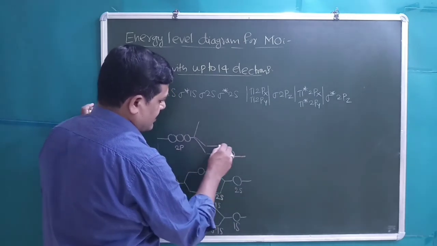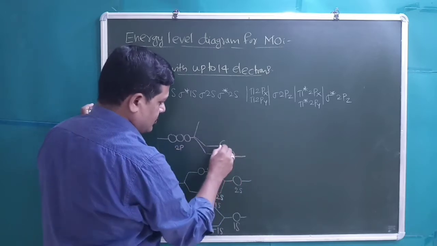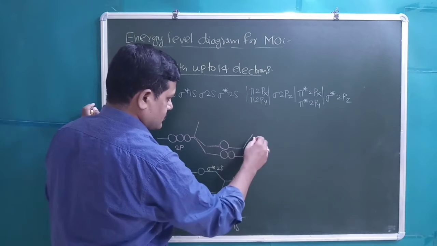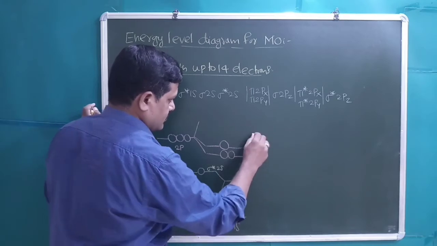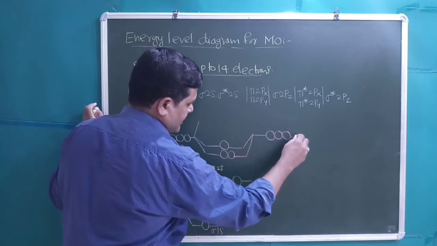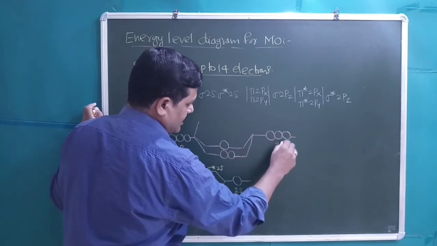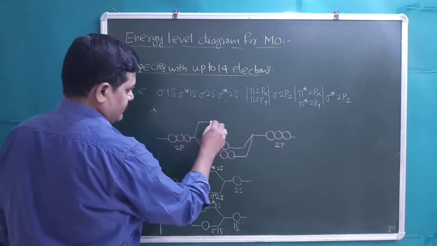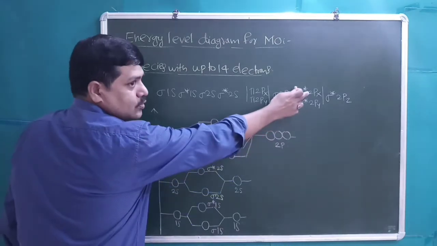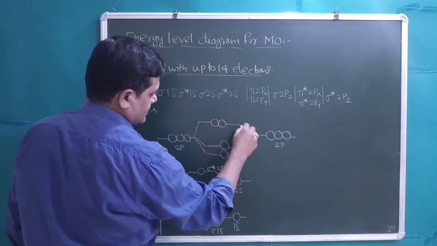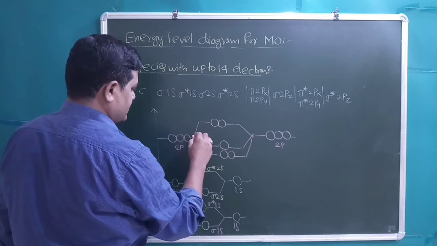The next level we have sigma 2pz, where the three p orbitals are combining. And the next level we have pi star 2px and pi star 2py.